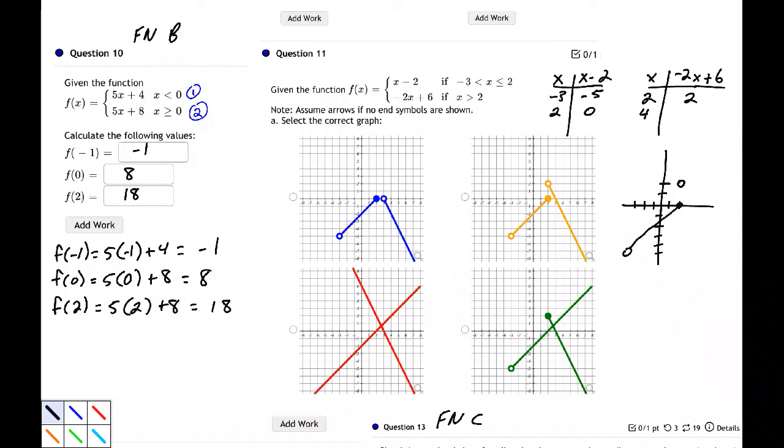So the point 2, 2 with an open dot. And then I'm going to take my chosen x value of 4 and plug that into -2x plus 6. So -2 times 4 plus 6, which will be -2 if you do that calculation. So I have the point 4, -2. And I'm going to go to that point and make it a closed dot. And again, connect 2, 2 with 4, -2.